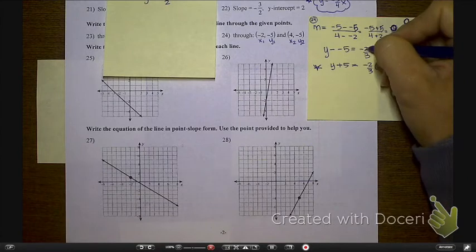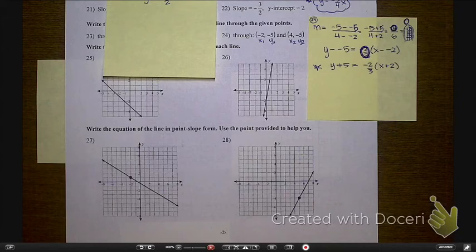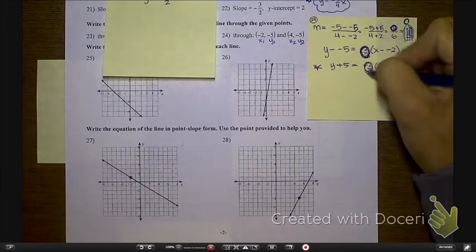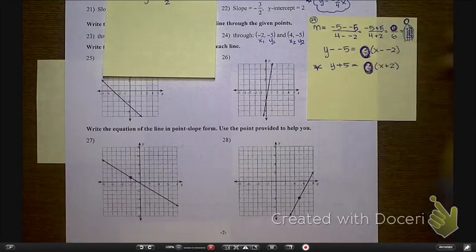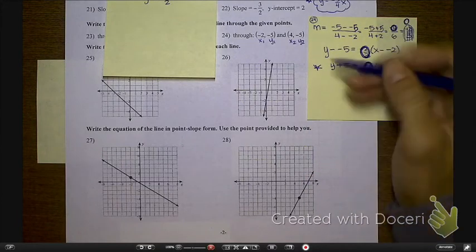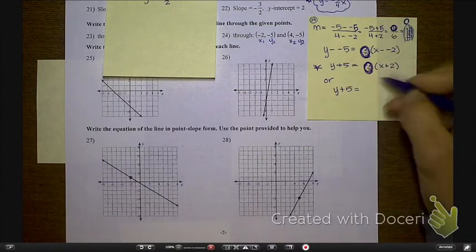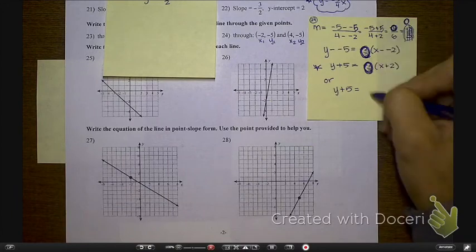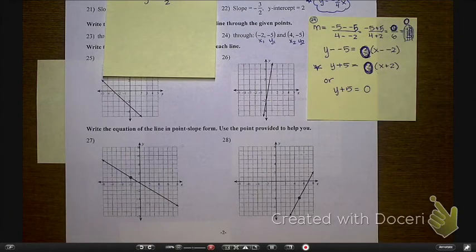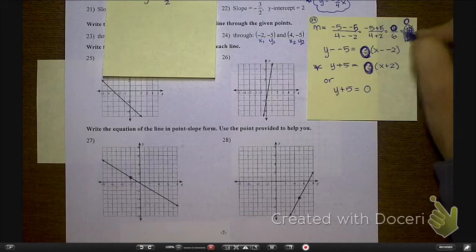So this whole thing right here is 0. So here's what you could have written. You could have written this, or you could have written y plus 5 equals, what's 0 times this whole thing? 0. So either one of these, because we got 0 for our slope. Thank you for catching that mistake.